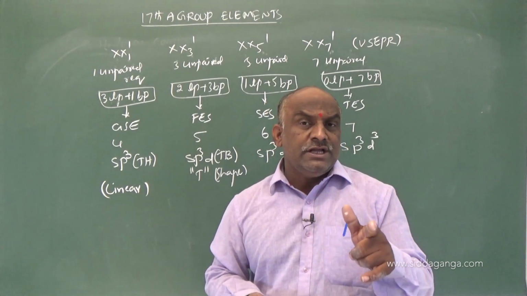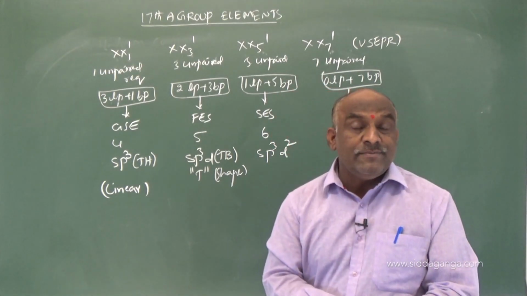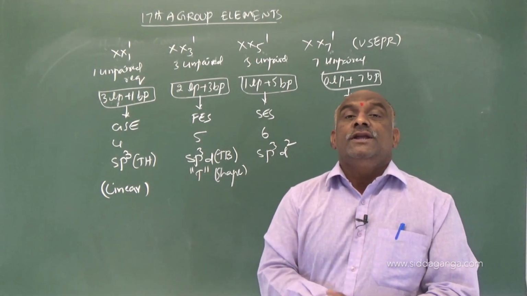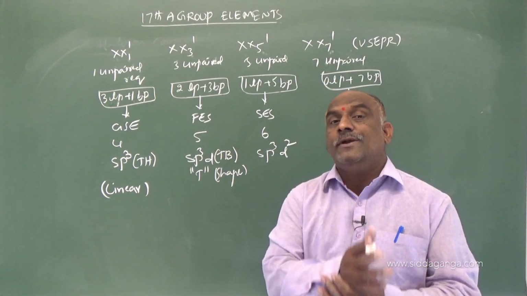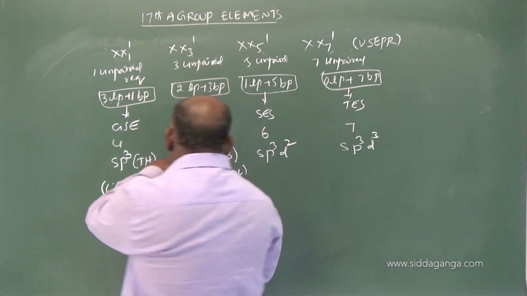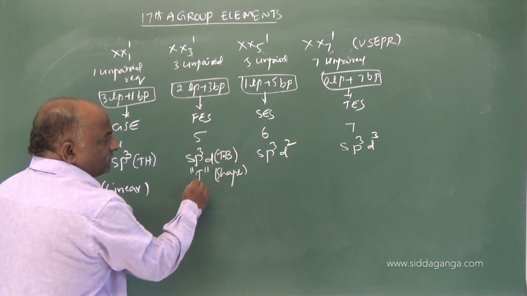Why do they occupy equatorial positions? To minimize the repulsions, they occupy the equatorial positions of the trigonal bipyramidal shape. So it is sp3d. Actually we expect a trigonal bipyramidal shape, but the shape is T shape.